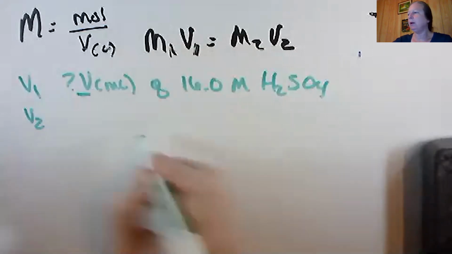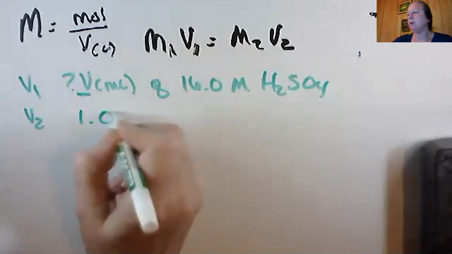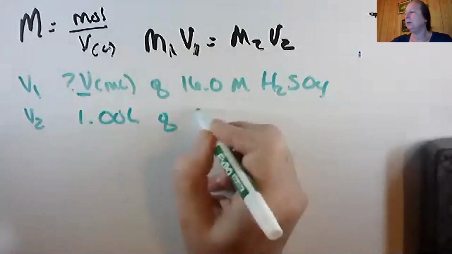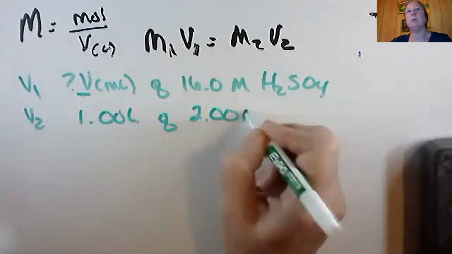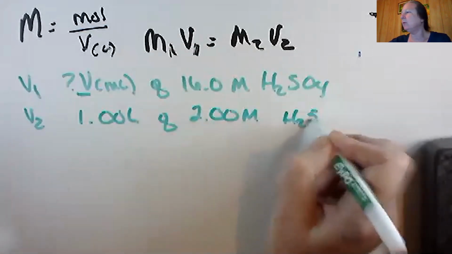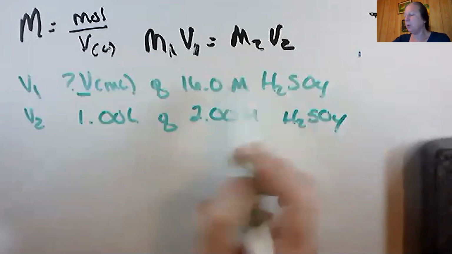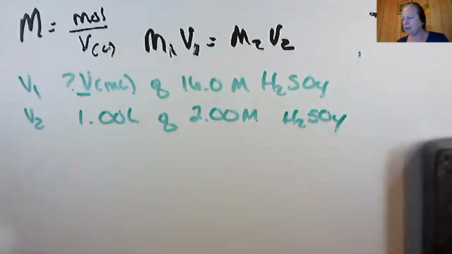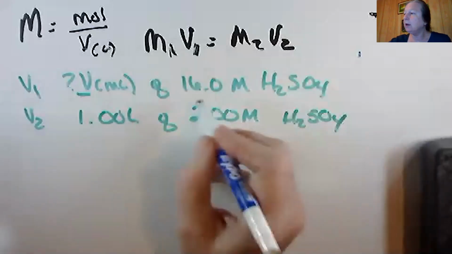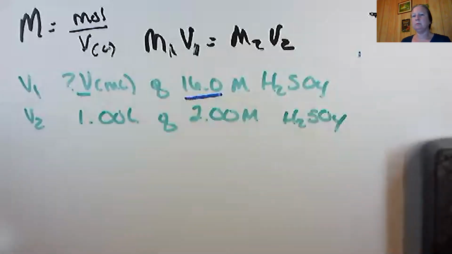And you're going to prepare 1.00 liter of 2.00 molar H2SO4. Remember, the previous slide showed initial and final, and you can do that too, M initial and final. So this is my initial. I'm taking from this and I'm going to make a dilution.